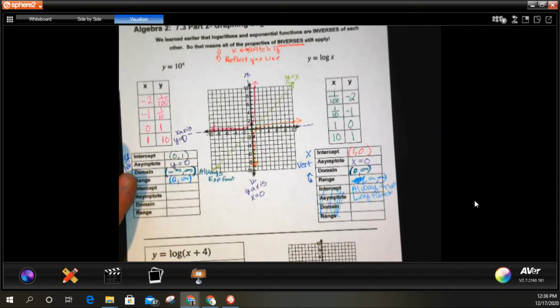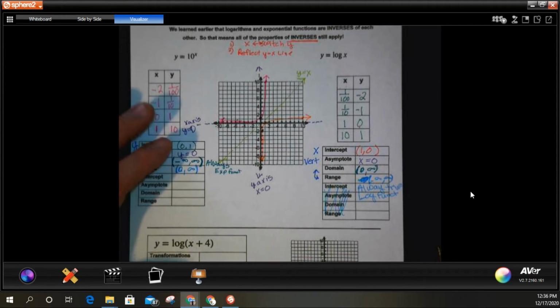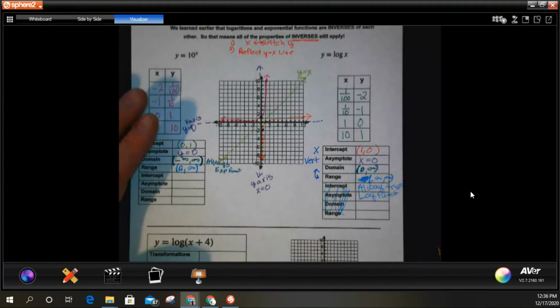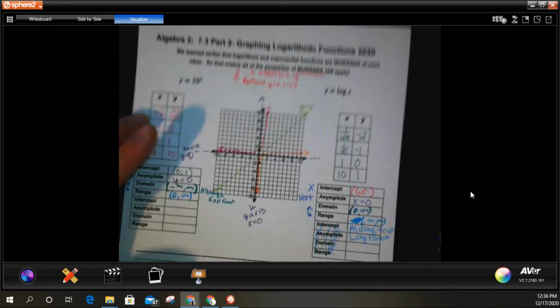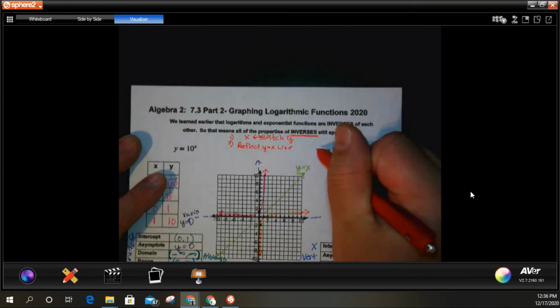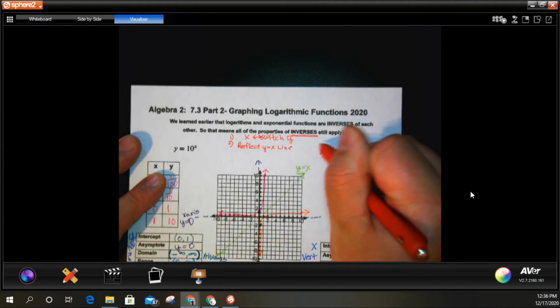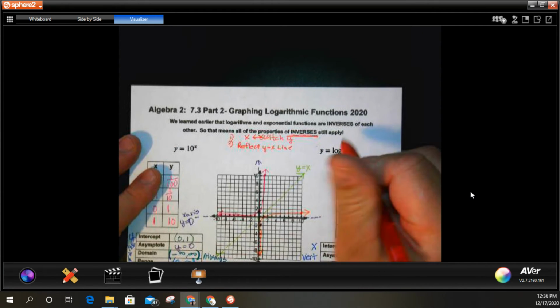Okay. So let's talk about transformations here. Since again, this is the parent function, just like the other parent functions we have, y equals x squared, y equals the absolute value of x. Well, this is a parent function, y equals the log of x.